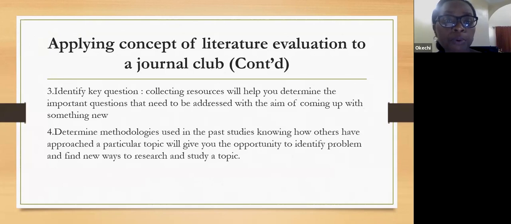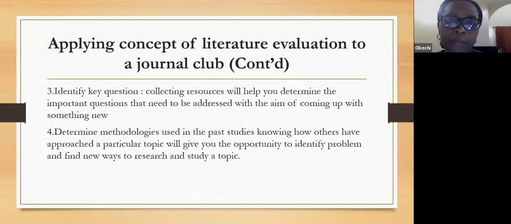Okay, now it will involve identifying the key question and collecting resources that will help you determine those questions. It's actually expected that before a literature review or a journal club is conducted, questions could be received from the participants, and that will lead to the expectation. That expectation would also lead to the kind of articles that will be searched out and used eventually for discussion.